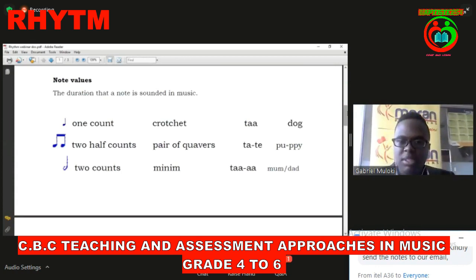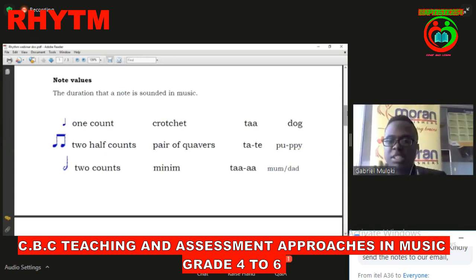As you can see, the word ta has one syllable, so you can just replace it with a word which has one syllable. As they clap the rhythm, they also say the words. That will build up their competencies of self-efficacy and learning to learn, and make it very interactive.